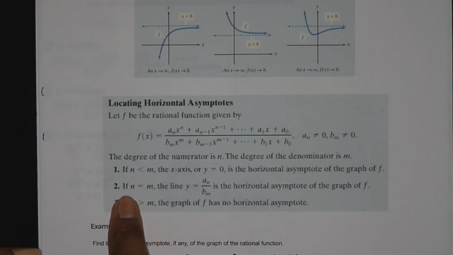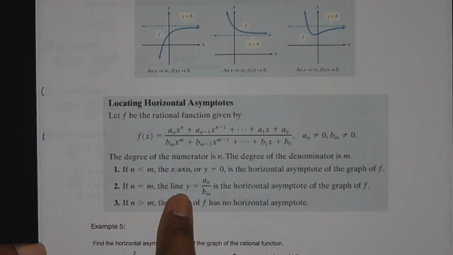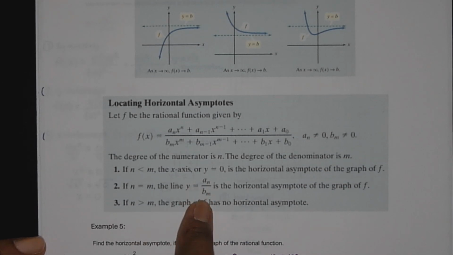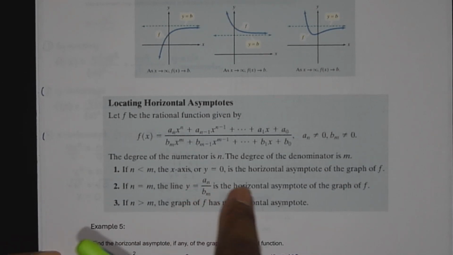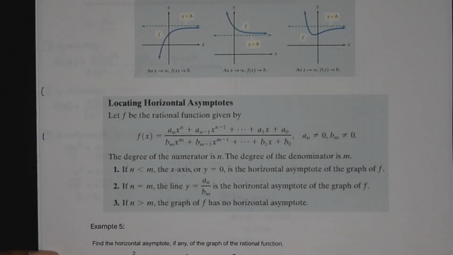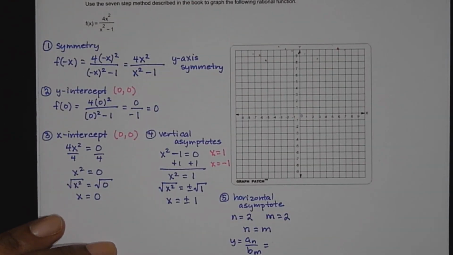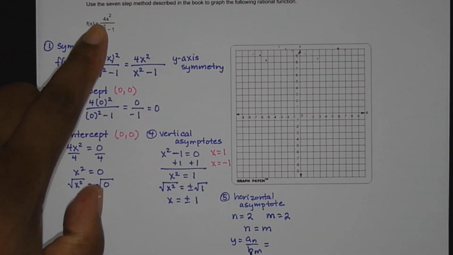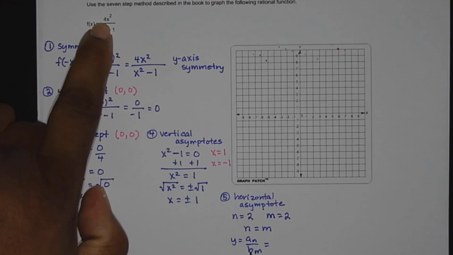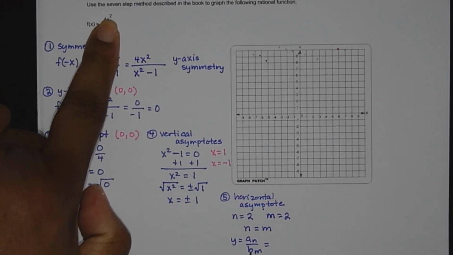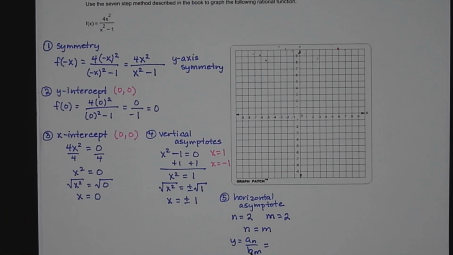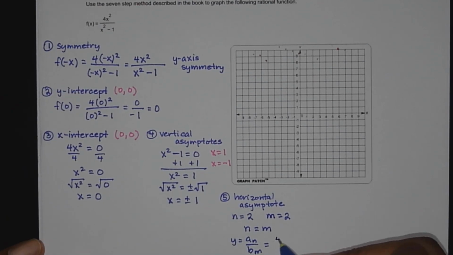Okay, so let's refer back to that rule here. If n is equal to m, then the line y equals a sub n divided by b sub m, those are your leading coefficients in the numerator and the denominator respectively. That would be the horizontal asymptote. In this case, a sub n is the coefficient of the variable to the highest power. If the highest power in the numerator is 2, then its leading coefficient must be 4.